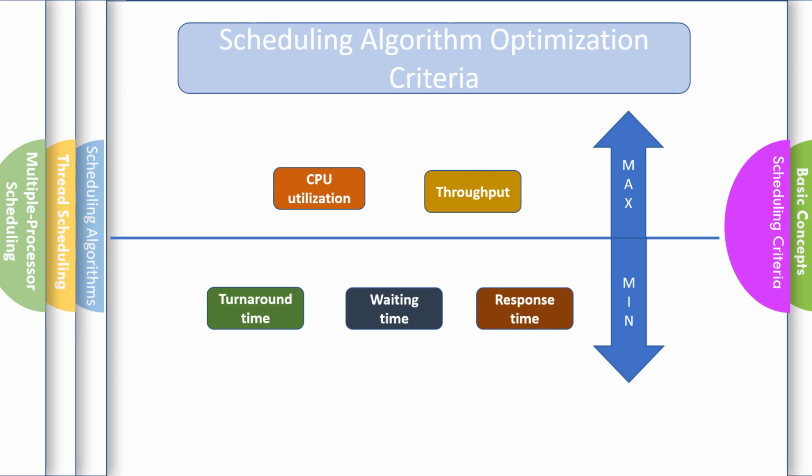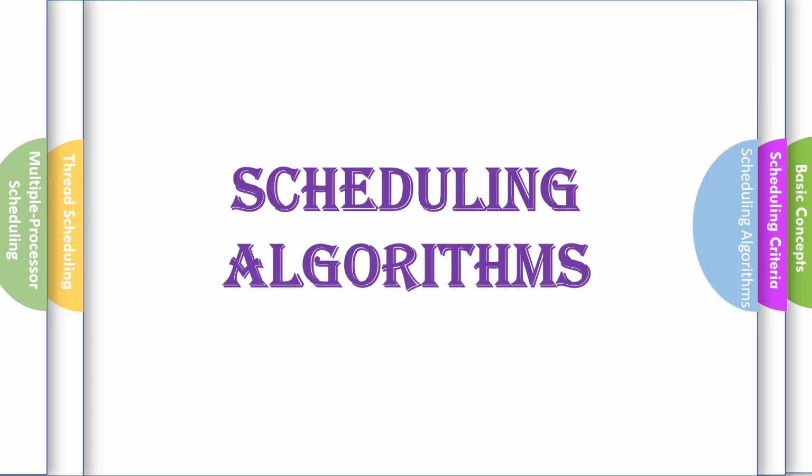Whereas the turnaround time, that means the total execution time, should be less, the waiting time of the processes should be less, and the response time also should be less. If we are able to achieve these criteria with max and min conditions, then that algorithm is called the best algorithm. So let's see now what the scheduling algorithms are.